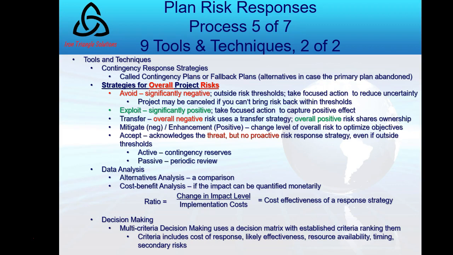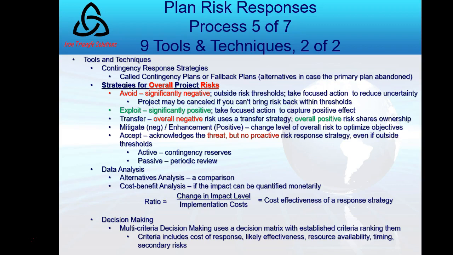So if the impact of an individual risk can be quantified in monetary terms, then the cost-effectiveness can be determined. Okay? And there's actually a ratio to help you determine the cost effectiveness. And that's the change in impact level divided by the implementation cost. That formula will tell you how cost effective a response strategy is.